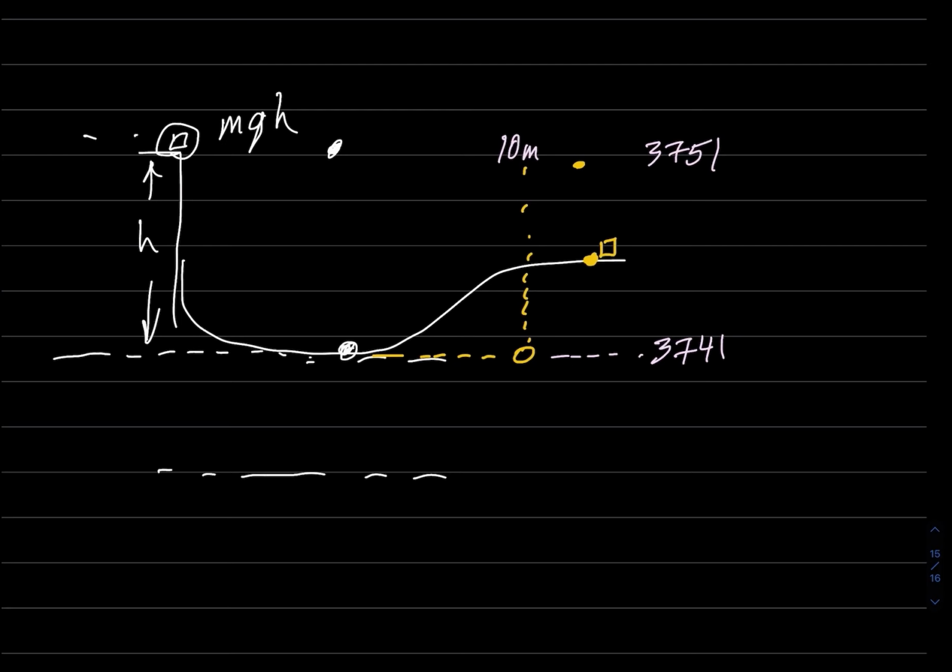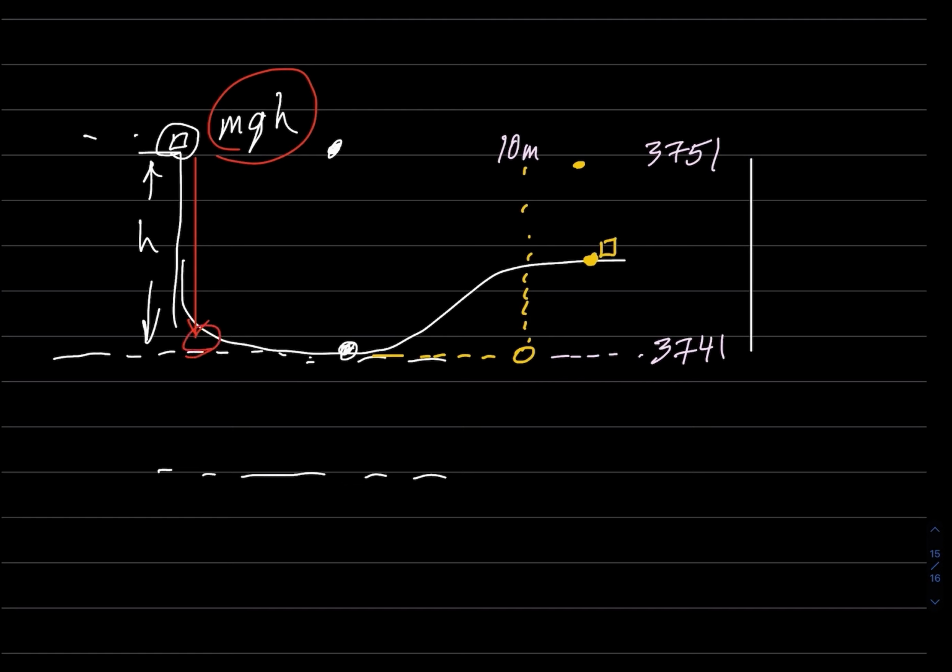Because whenever we are working with potential energy, we're only talking about the difference in potential energy between two positions. The block moved this far down into the gravity well and liberated mgh worth of gravitational potential energy and got that as kinetic energy.